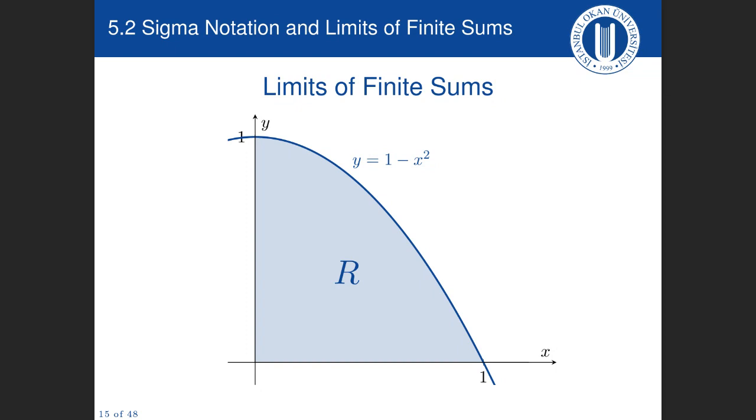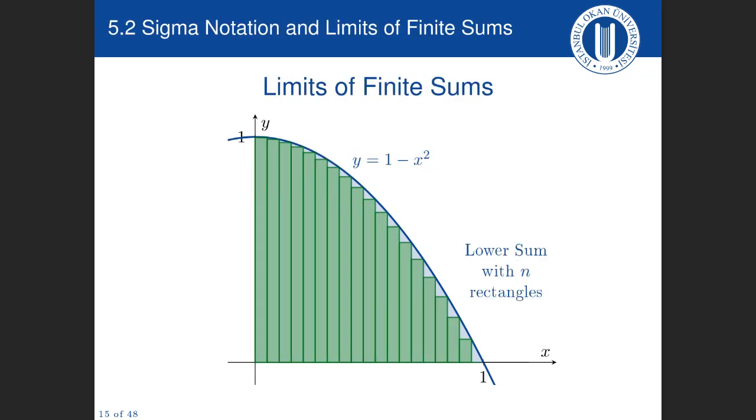We know roughly what it is, but I want to calculate its exact area. And I'm going to use a lower sum to calculate its area. First, I'm going to write down a formula for the lower sum with n rectangles, and then I'm going to take the limit as n tends to infinity.